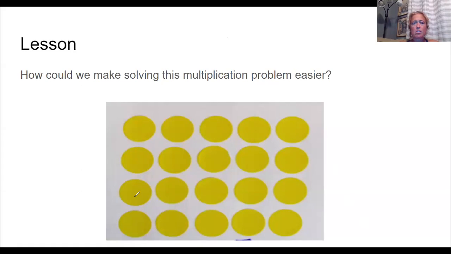So it would be 4 groups of 5. So rather than having to do 4 groups of 5, we could make this a smaller problem.